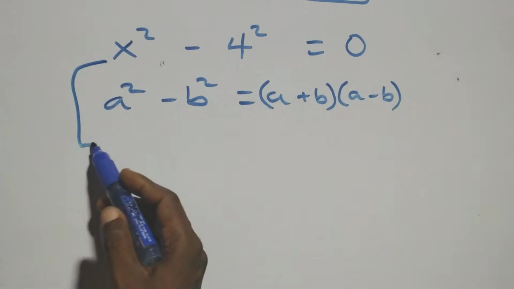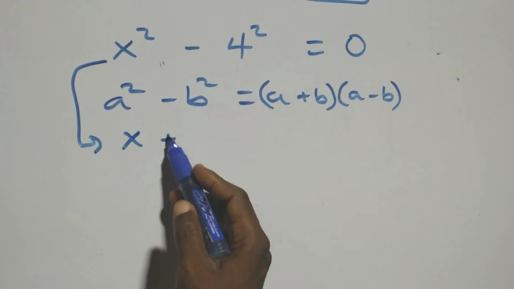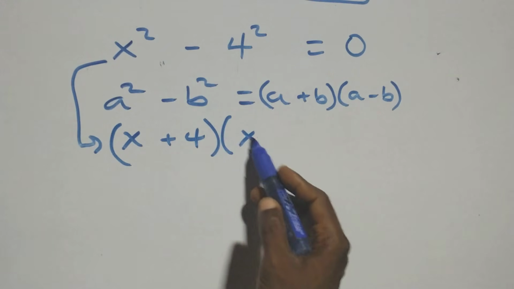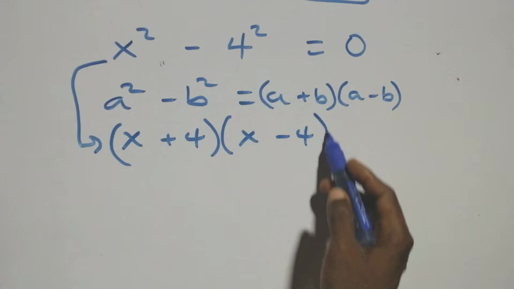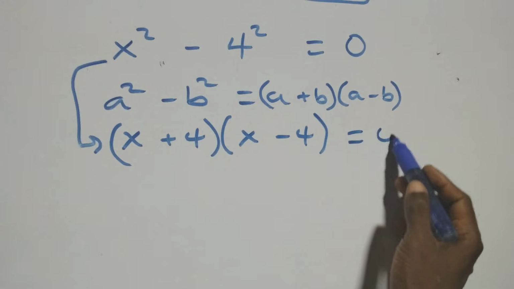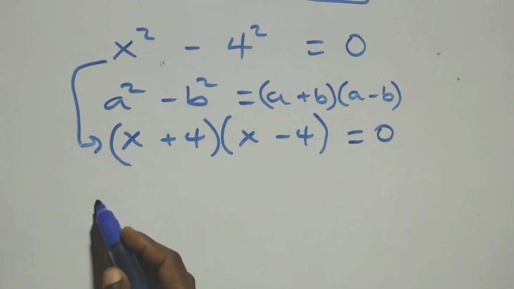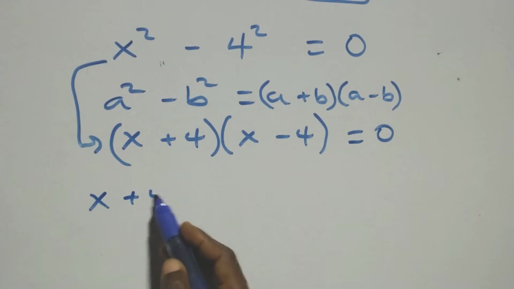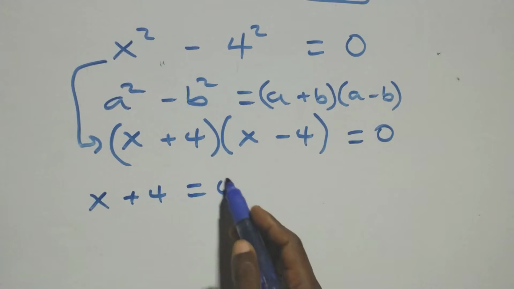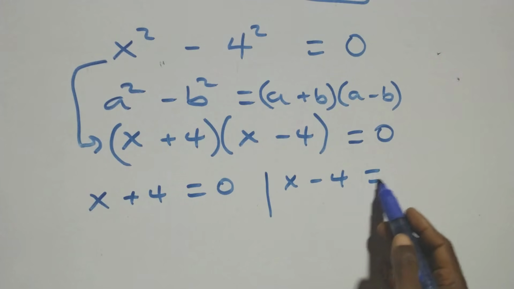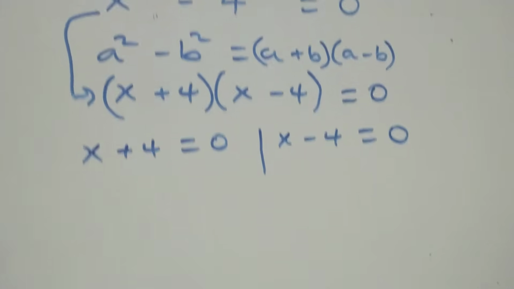This here, we can write this as x plus 4 into bracket, open bracket, x minus 4, close bracket, equals to 0 here. That is, here also we have two possible cases, x plus 4 equals to 0, or we have x minus 4 equals to 0 here.